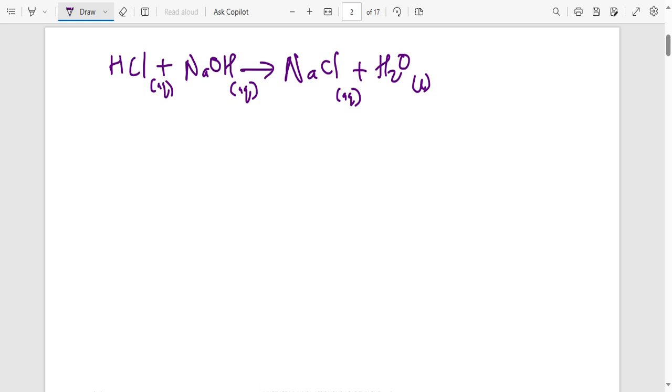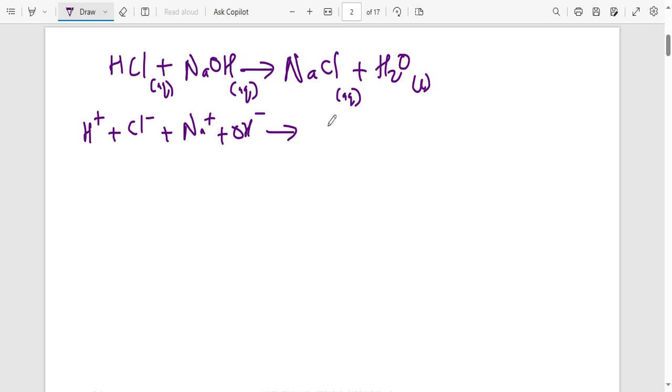So this equation that we have here, we can break all the compounds which are in aqueous into ions. Okay. So the hydrochloric acid, we can break it and it will become hydrogen ions plus chloride ions. And then the sodium hydroxide is sodium ions and hydroxide.